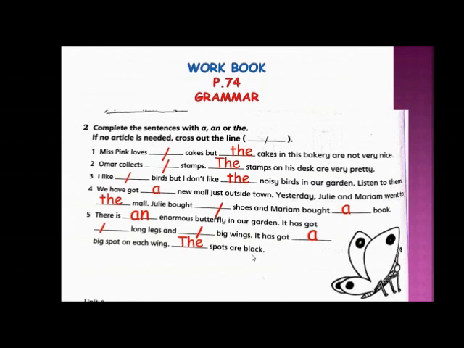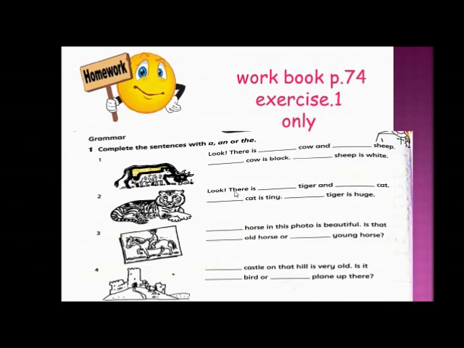Now we are done with our lesson. Let's know our homework for today. Your homework is in the workbook, page 74, exercise number 1 only. Complete the sentences with a, an, or the. It's the same exercise that we did before, but it's easier. Here we have a picture, and I want you to read the sentence carefully, and then think about it. I'm going to read number 1.